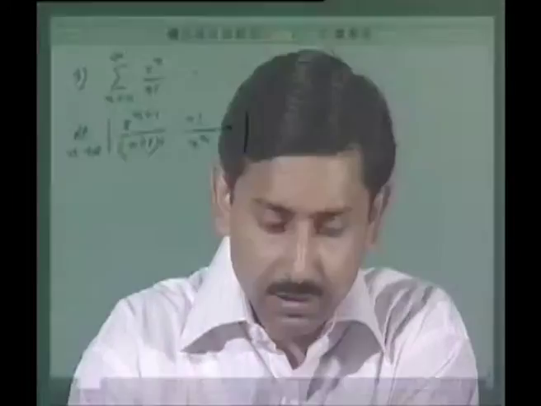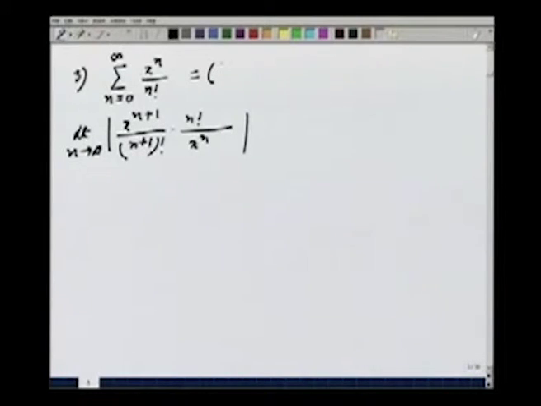Well, not quite. If I put x equal to 0, then all the terms bigger than the first term, that is the n equal to 0 case, are all 0. It is only the first term which survives. That means I can write this series, if I look at it clearly, as 1 plus x square by factorial 2 and so on.